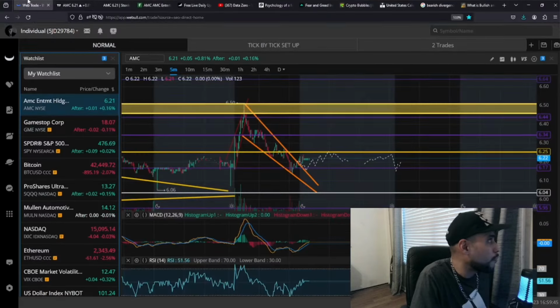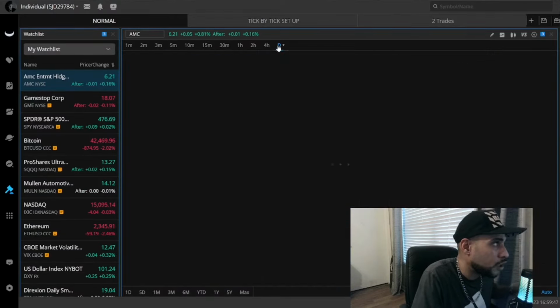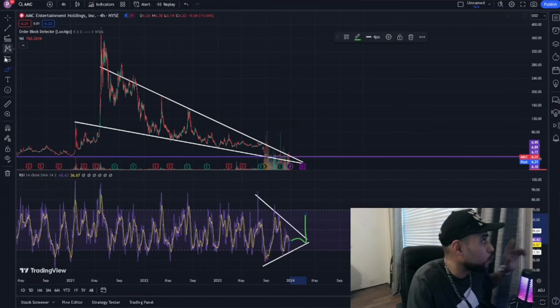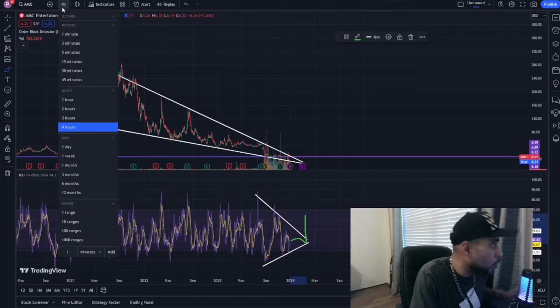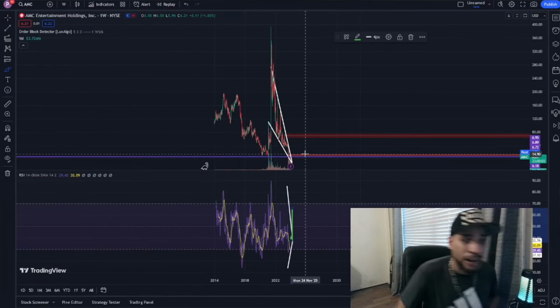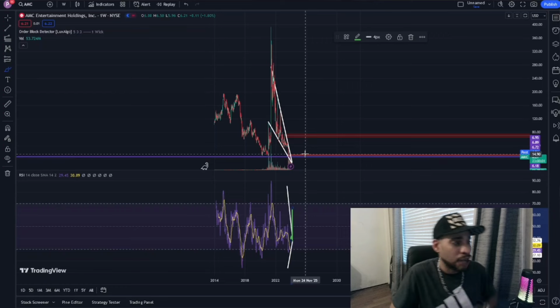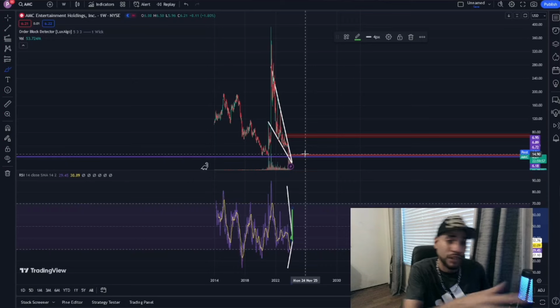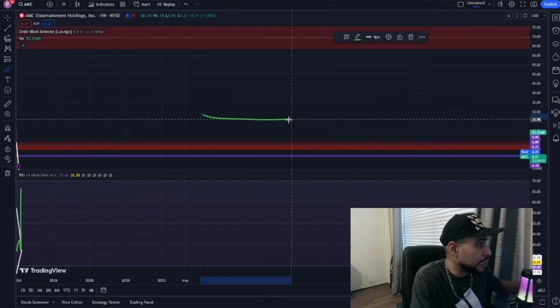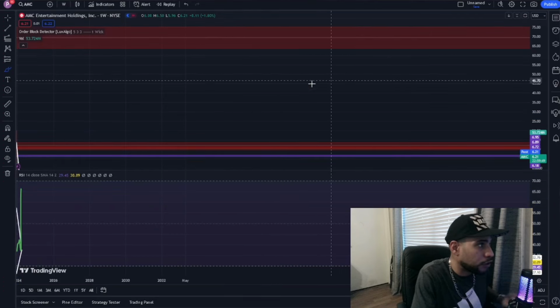We also have multiple gap fills to the upside on AMC stock, and it's very interesting that we have sell walls at these higher valuations. Now, I made a price target video. I'll try to link it down below if I can find it, but just type in the new price target for 2024. For realistic price targets, you can see where those gap fills are.